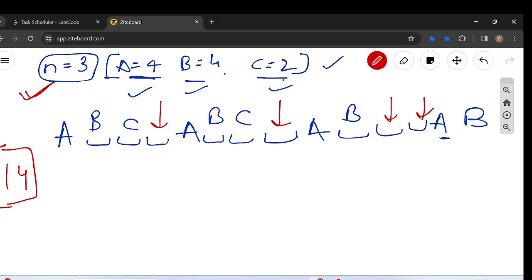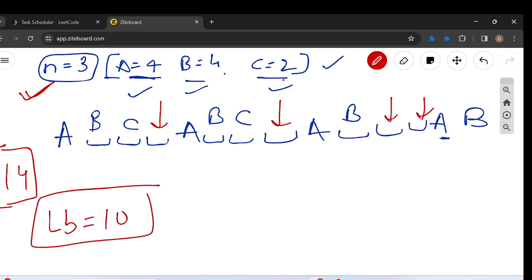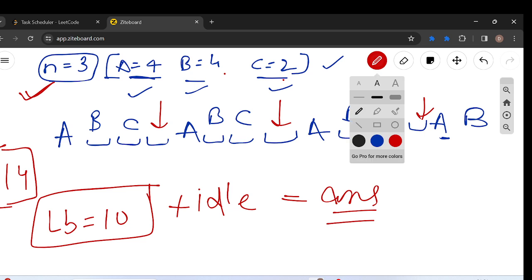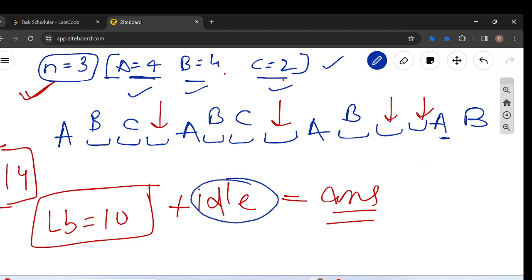So we can take a lower bound of 10. Our answer will be 10 or greater than 10. If we add idle time to this 10, we can find our answer. So our task is to find this idle time.